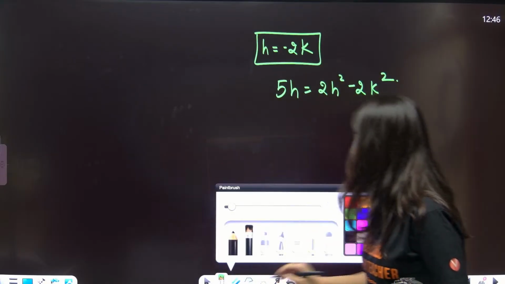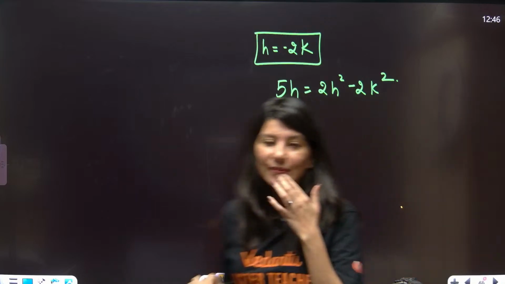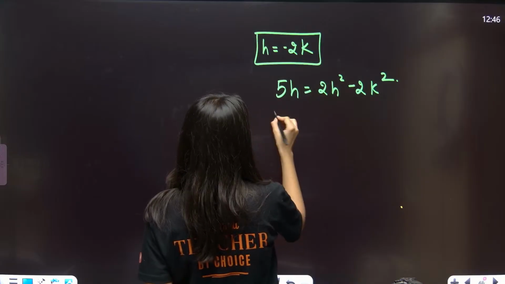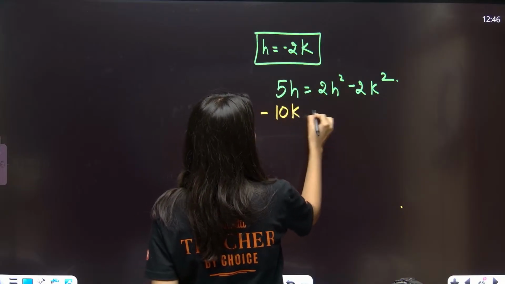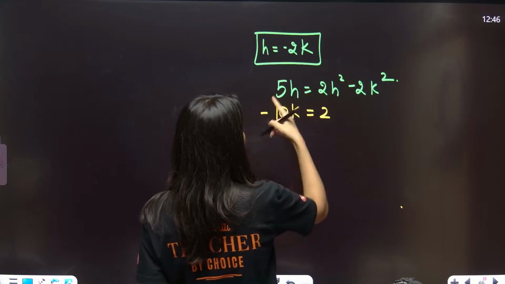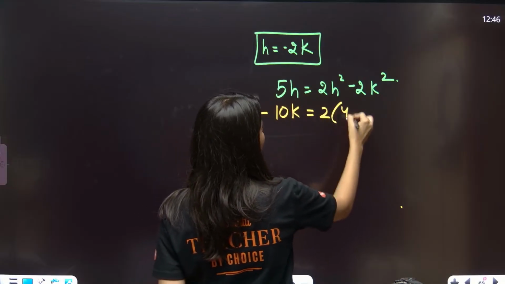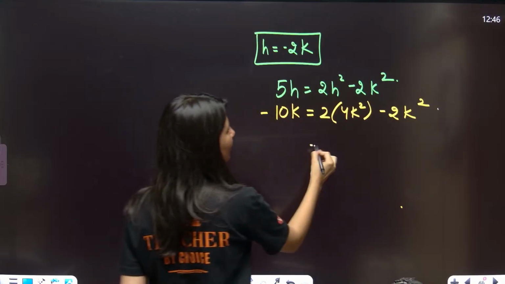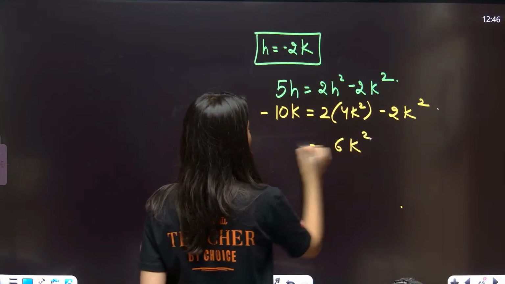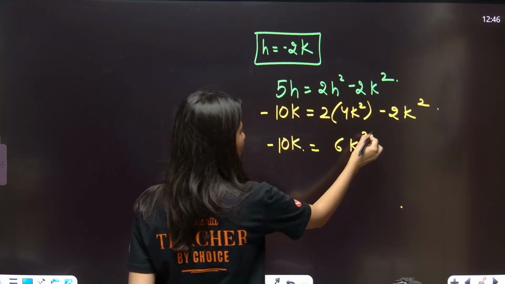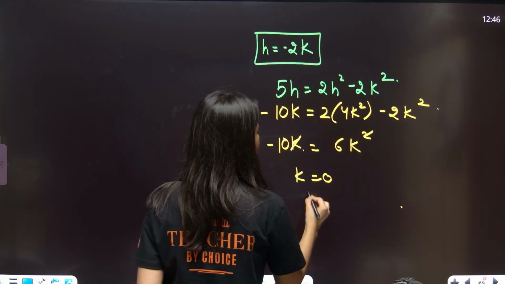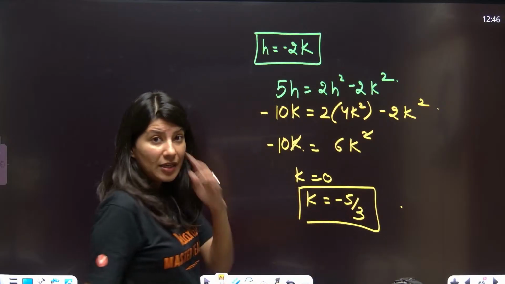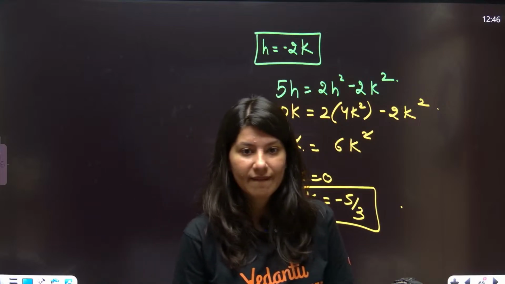Now put the value of h to get the value of k. So 5h, so minus 10k is equals to 2 times 4k square minus 2k square. So this is going to give you 6k square minus 10k. So k is equals to 0 and k is minus 10 by 6, minus 5 by 3, is the midpoint.